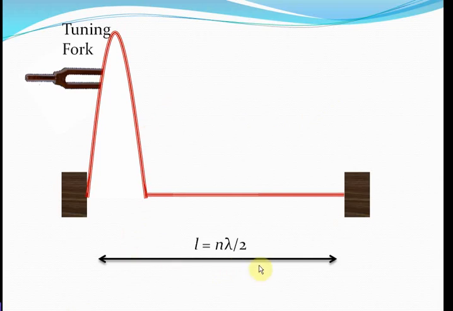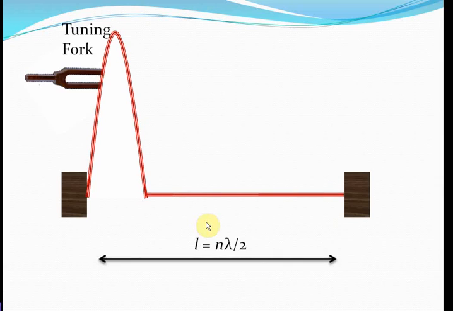So as you can see, if the length of the string is equal to n lambda by 2, the phase difference between the reflected wave that has come back and the new wave generated by the tuning fork will always be n lambda, and therefore the standing wave created will be sustained. In fact, it will not just be sustained, it will keep increasing in amplitude because the waves will interfere constructively and the amplitudes will keep getting added.